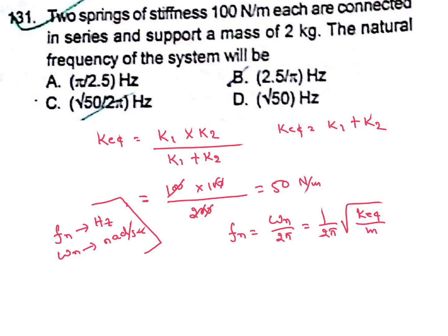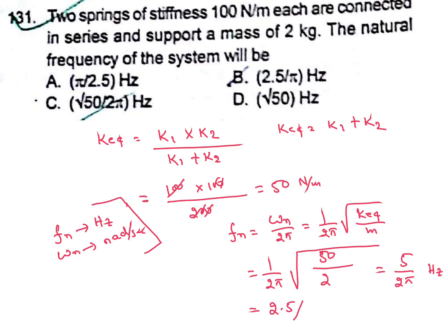So 1 by 2 pi root of K equivalent, which is 50, divided by m, which is 2 kg. So we get 50 by 2 is 25, root of 25 is 5, 5 by 2 pi, unit is hertz. We will get 2.5 by pi hertz. So option B is our answer.